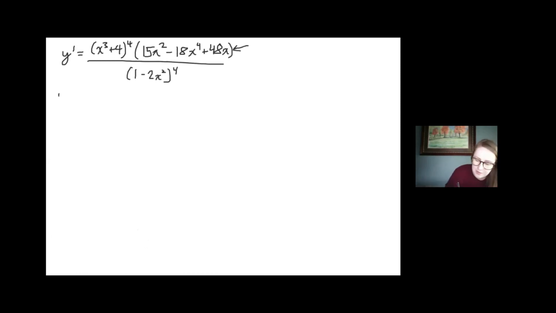So we could actually factor out, we would still have that x cubed plus 4 to the fourth. And we could factor out a 3x, and that would leave us with 5x minus 6x cubed plus 16.